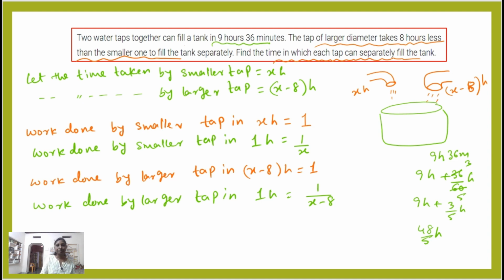Okay, time taken by two taps together is equal to 48 by 5 hours.